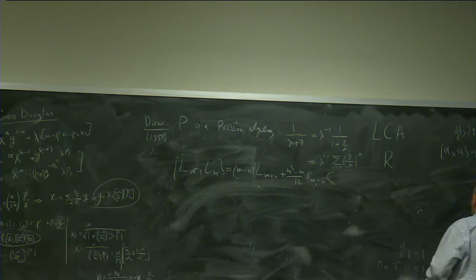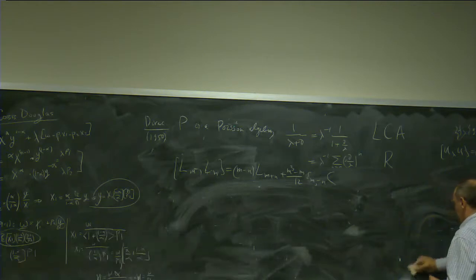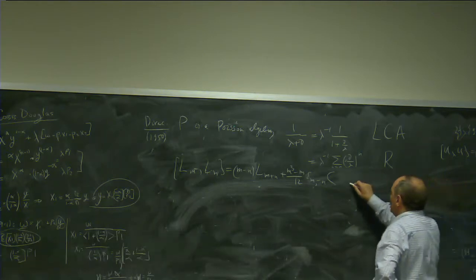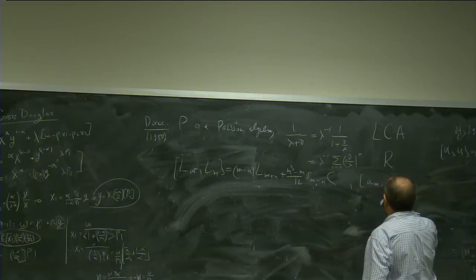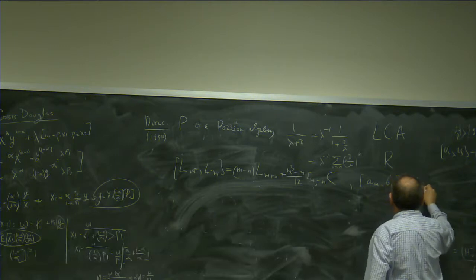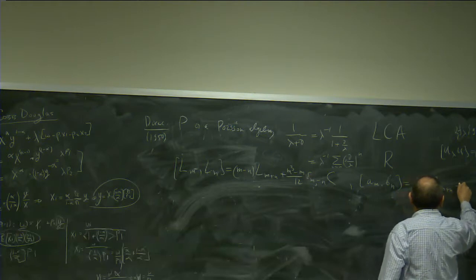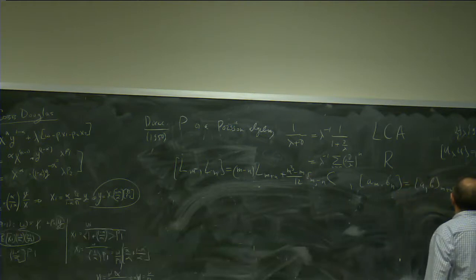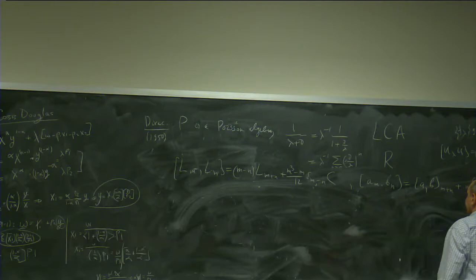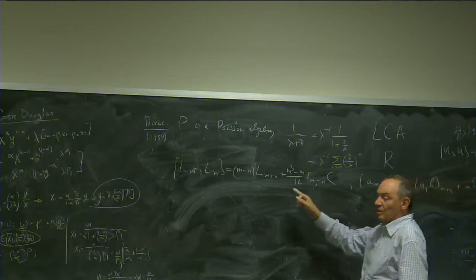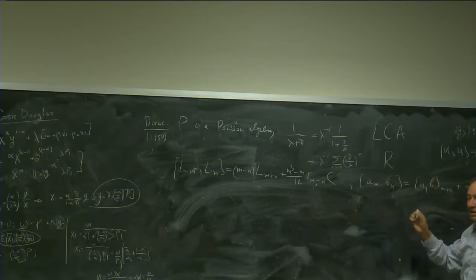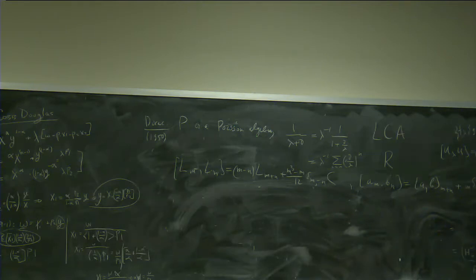Let's write this down. So this is the Virasoro algebra, and this is the affine algebra associated to a finite dimensional algebra.